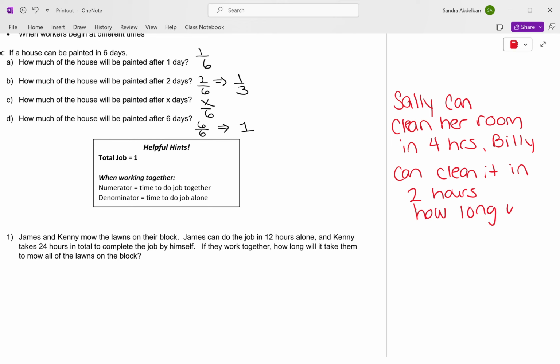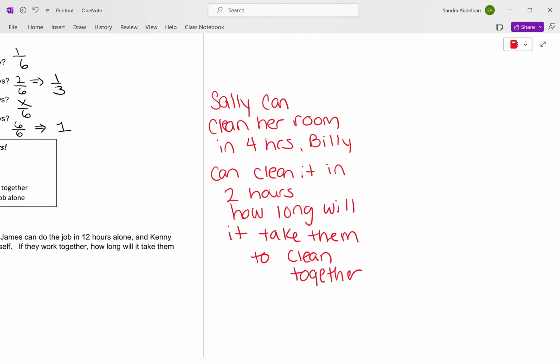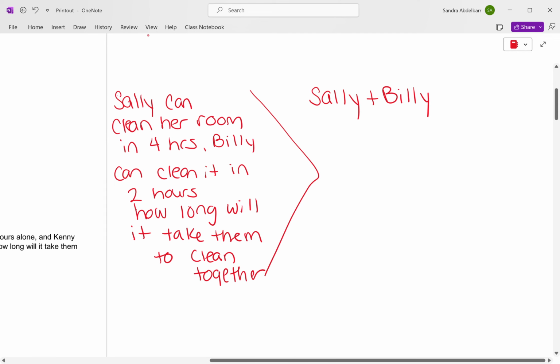How long will it take them to clean together? So I'm just showing you something. So basically, we want Sally plus Billy will equal the total job.